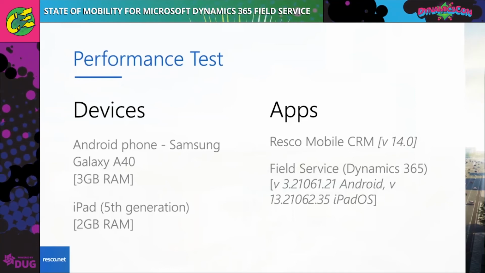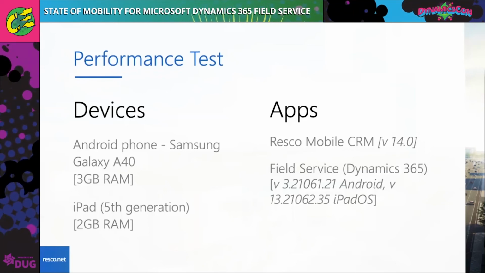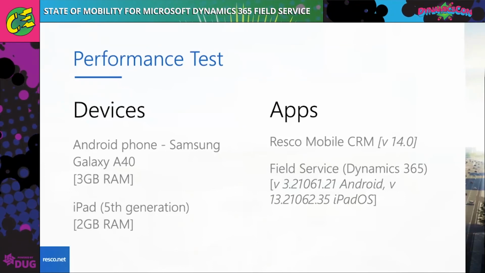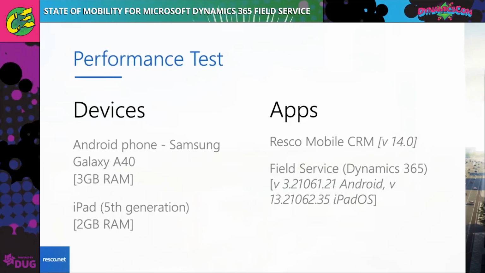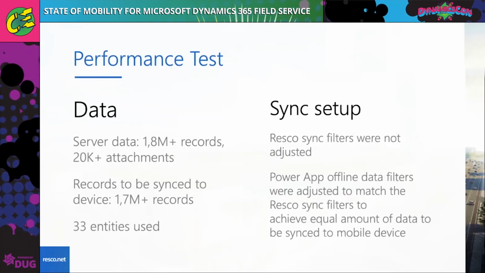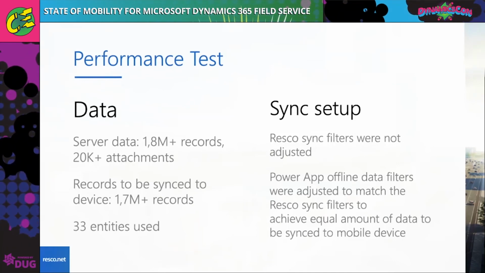We loaded both devices with two applications, Resco Mobile CRM version 14.0 and Field Service Dynamics 365 version 3.21, etc. on Android and version 13.21, etc. on iPad OS.